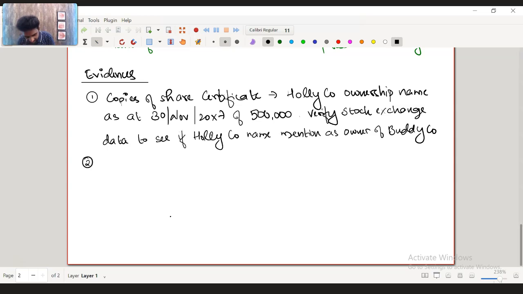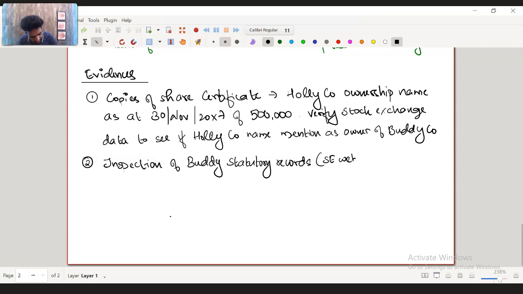Now we need to verify whether the 18% is correct or it's more than 18%. So we need to inspect Buddy company's statutory records, which again can be available from the stock exchange website.